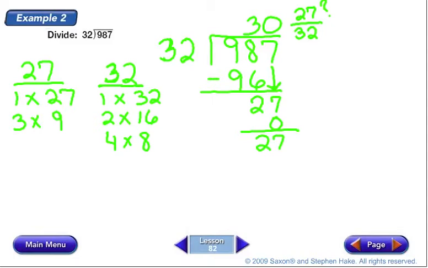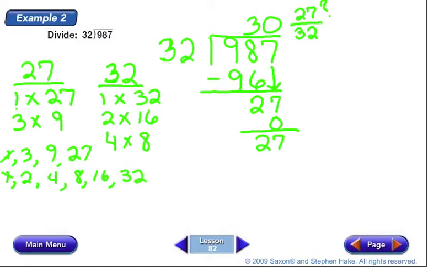So if I look at my list, 1, 3, 9, and 27, 1, 2, 4, 8, 16, and 32. Other than 1, which doesn't count, they have no common factors. So this then, 30 and 27 30 seconds, is my final answer.